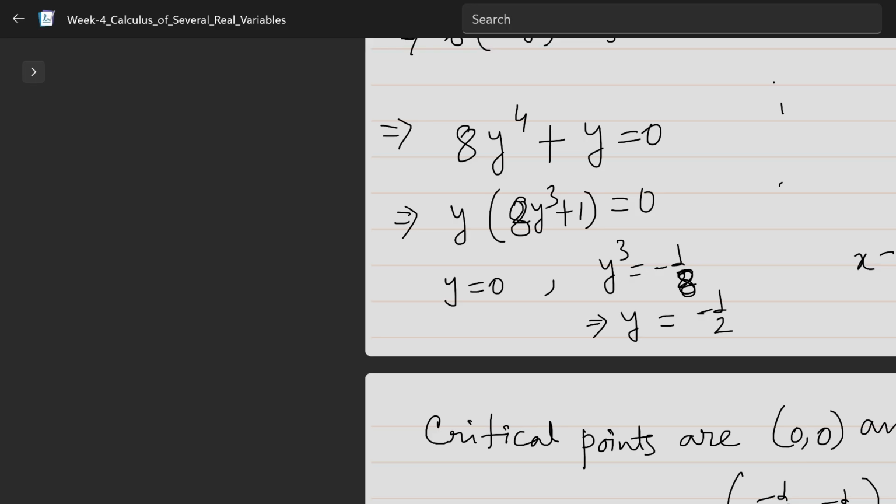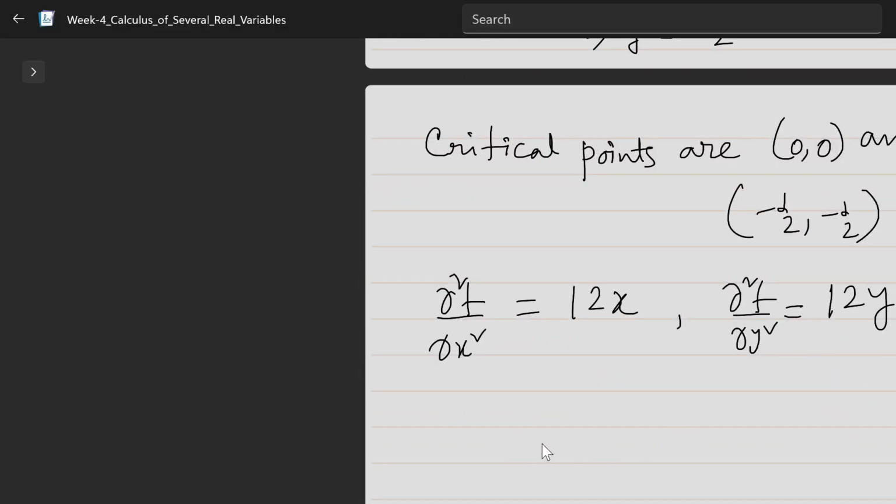12x, I think. Del 2f del y2 is 12y. So, now can you tell if it is global or local? Local, because your D depends on x and y. Because your D is the determinant: del 2f del x2, del 2f del x del y, del 2f del x del y, del 2f del y2.